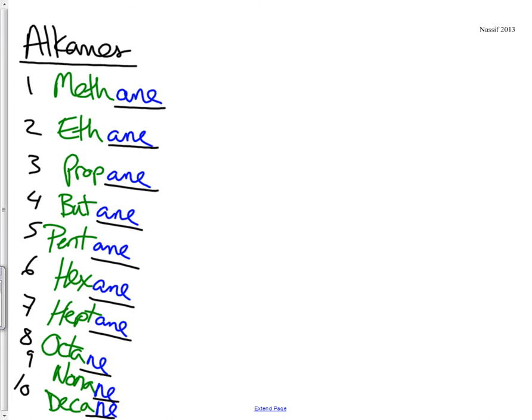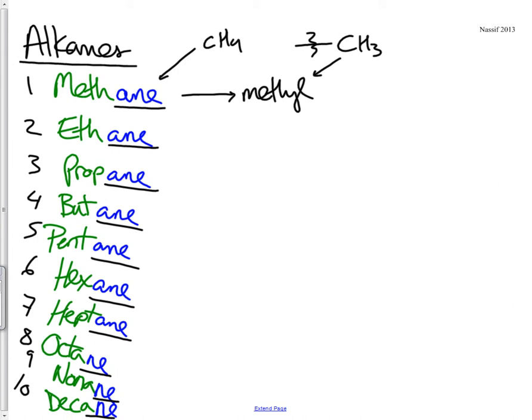These can be added on in different ways. So for example, instead of methane, we can have methyl, which instead of a carbon with 4 hydrogens, we have a carbon with 3 hydrogens, except it's attached to something. That would be our methyl group.